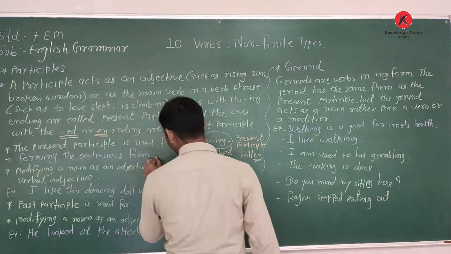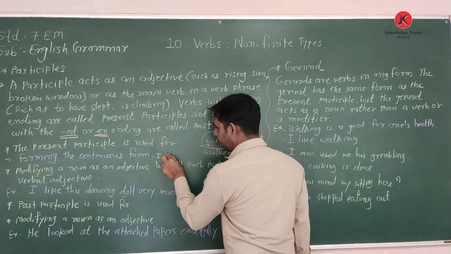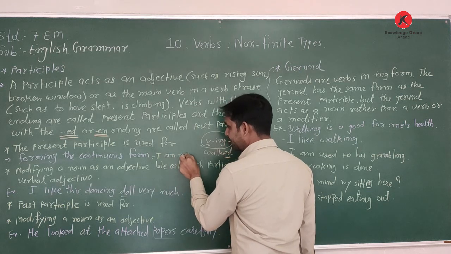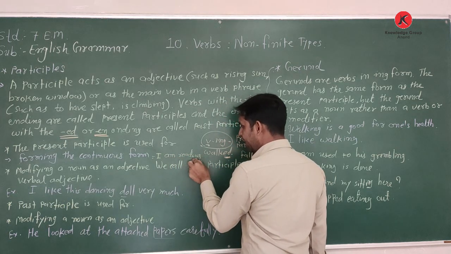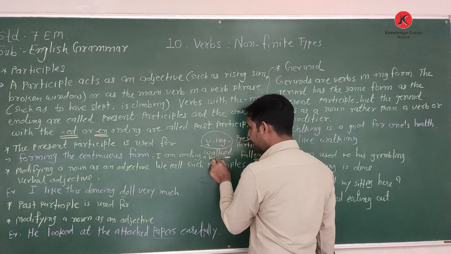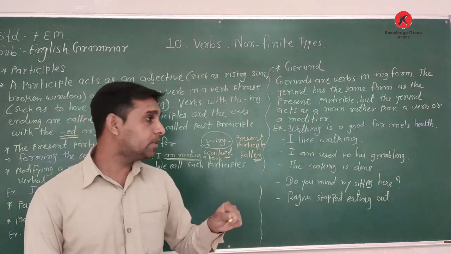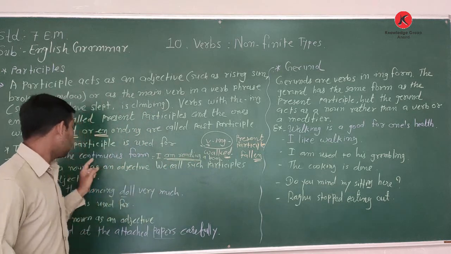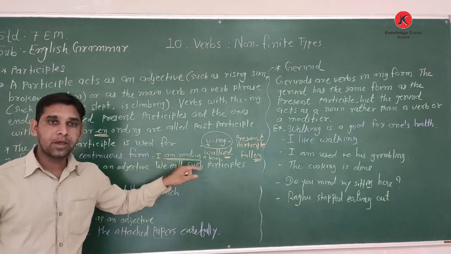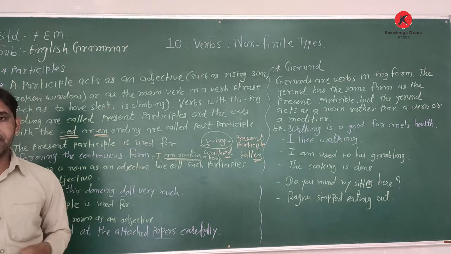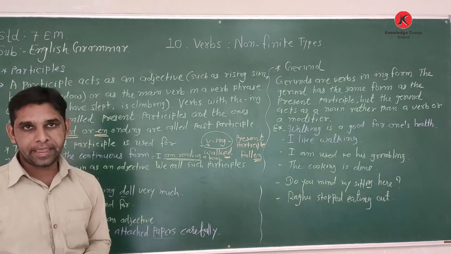Let's see an example. I am reading a book. Here am with reading, the verb, shows the continuous process. Am reading. He is riding. She is walking.